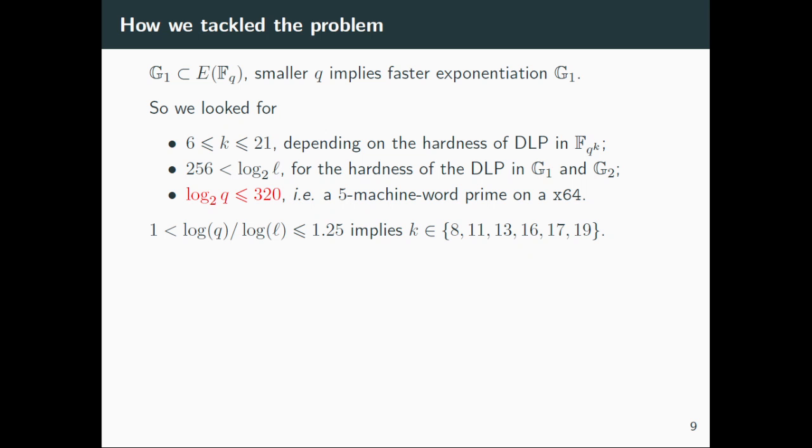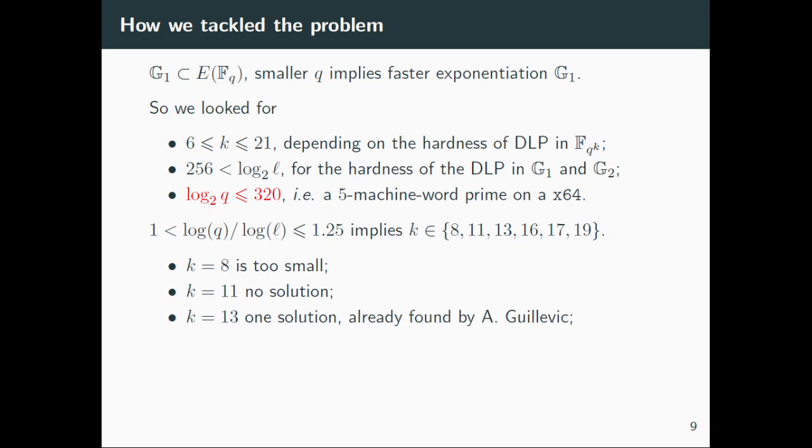Looking over the taxonomy of Freeman, Scott, and Teske, that implies k is either 8, 11, 13, 16, 17, or 19. For embedding degree 8, the target finite field is too small. We found no solution for k equals 11. We've found only one solution for k equals 13.